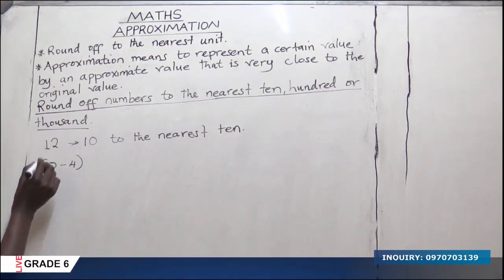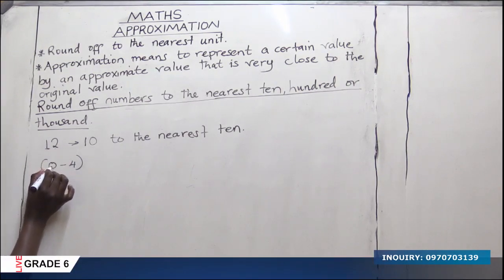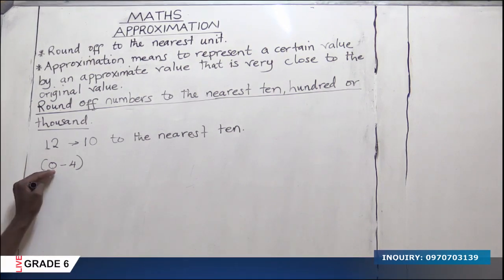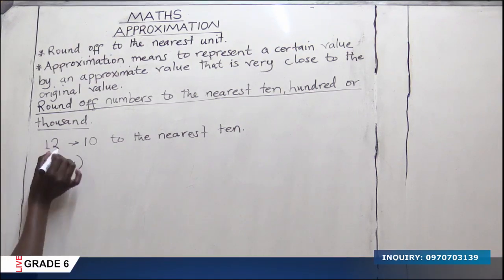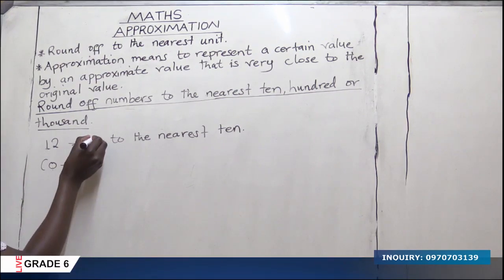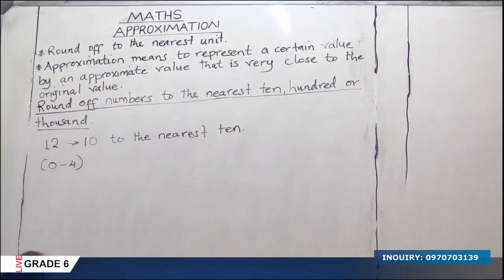Why? Because the number which is close to 10 is what is between 0 and 4. So I said if a number is between 0 and 4, you don't have to round off, but you just round down. So when you round down, it means that the number becomes 10 to the nearest 10.